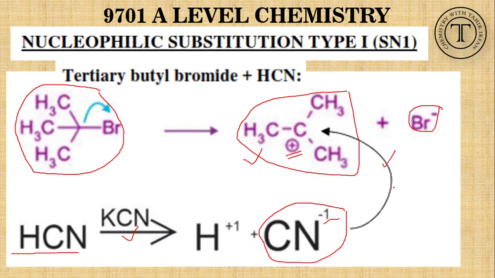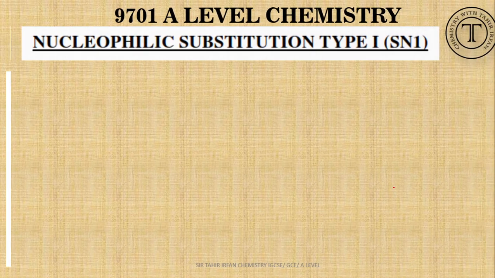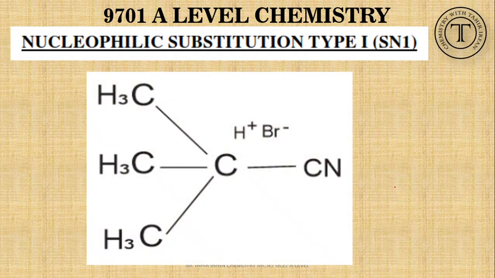So what will happen next? Obviously we will have this nitrile at tertiary position and hydrogen ion and bromide ion will remain ionized.